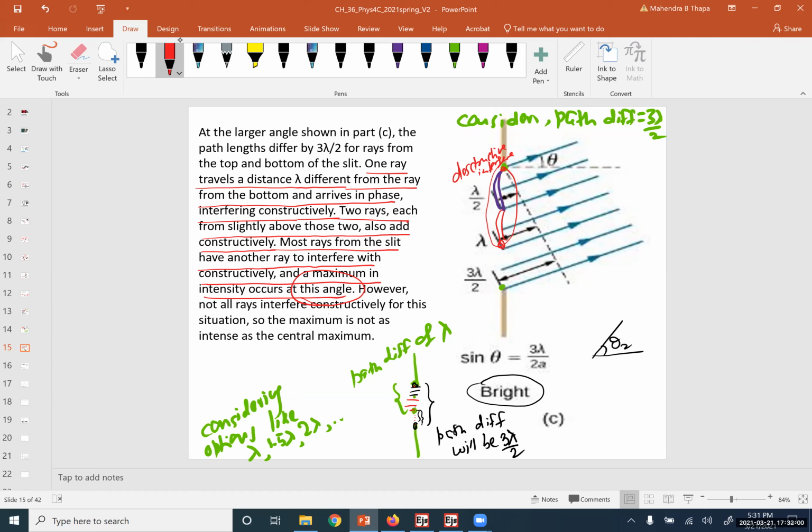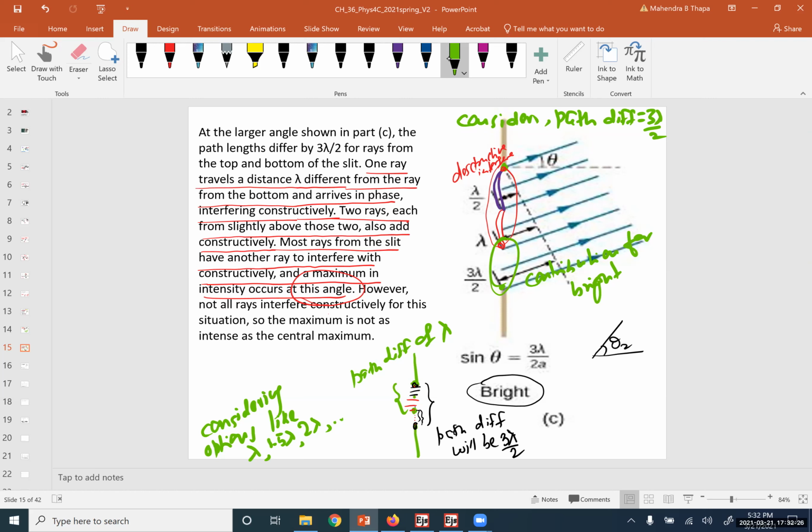So the bright one is the contribution from this part. But be careful that not all parts will give the contribution to the bright. So the intensity is not the same as the bright at the central part.